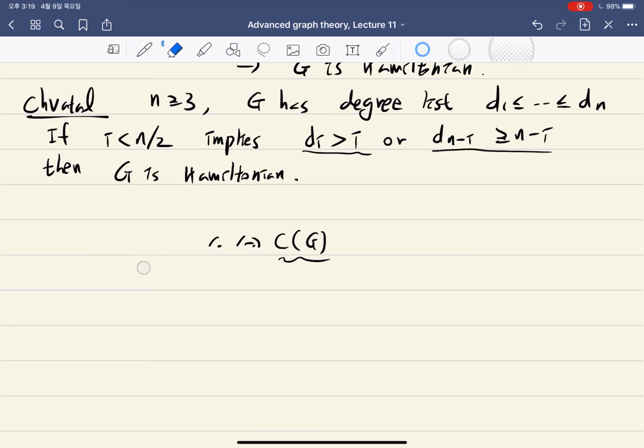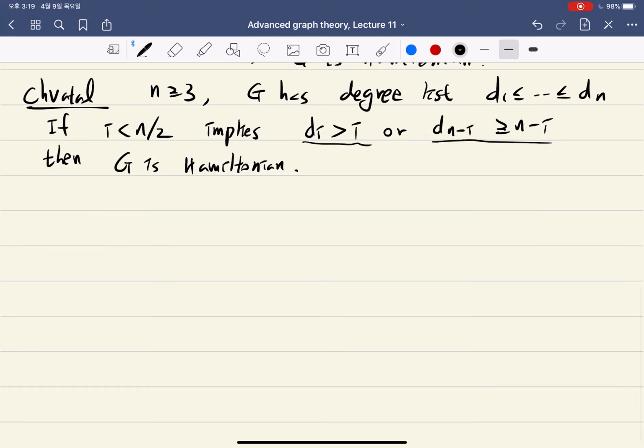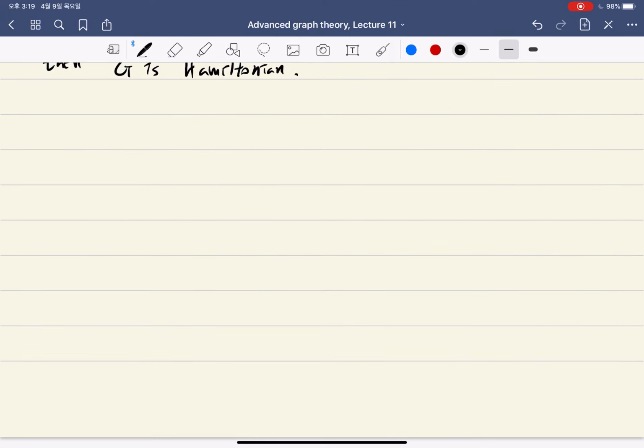This is the modern version of the proof, but the classical way of proving, say, Dirac's theorem is that we take a longest path.